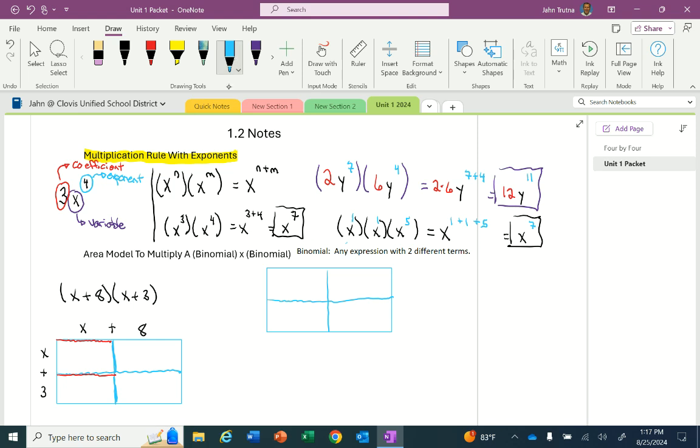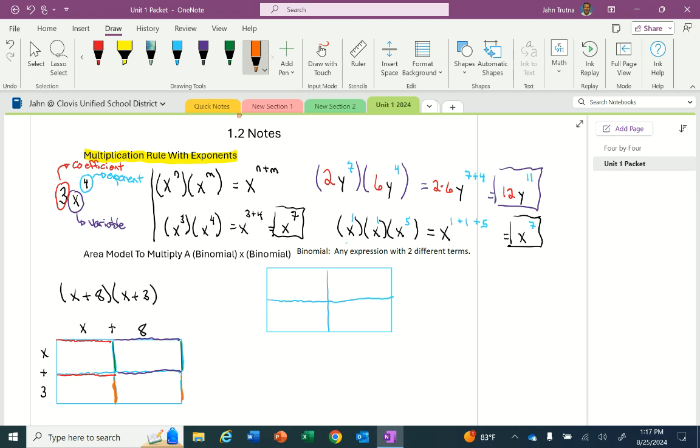This is something that I believe you guys did in Math 1, so this should be familiar to you. Let me show you what I mean. I'm color coding each length and width here. I'm going to use green for these two, and I got orange, so I'm going to use orange for this one and this one here.